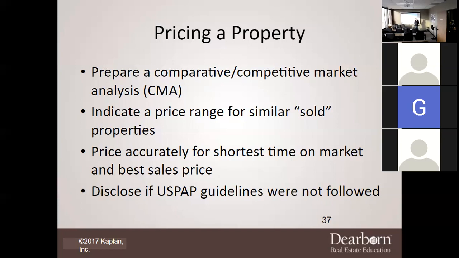Mm-hmm. And Mr. Travis, real quick, why do they want a BPO? Why would Elizabeth, if she's a bank, want you to go out there and do a BPO? So they know what the house is actually worth. They want to make certain that that house is what it's actually worth. Okay? So, Mr. Travis, you ended up for a while there after that winter storm doing a lot of what's called property inspections.